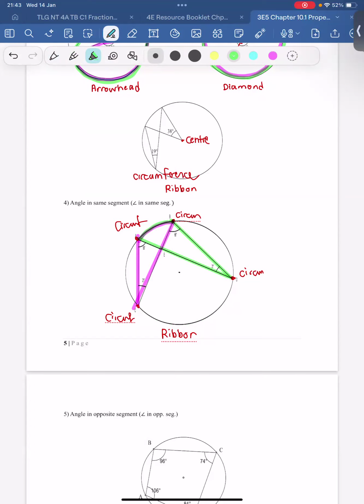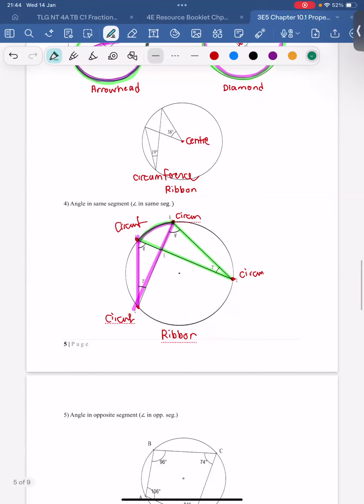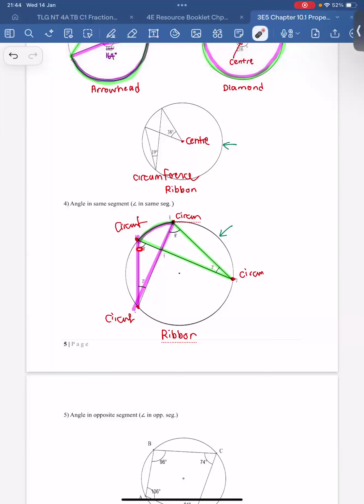So the angle is the same. Okay, for this ribbon, the one at the center is double the one at the circumference. For this property, the angles are the same. Okay, so this angle is 66, this is also 66. This is 21, this is also 21. So this property name is actually called angle in the same segment.